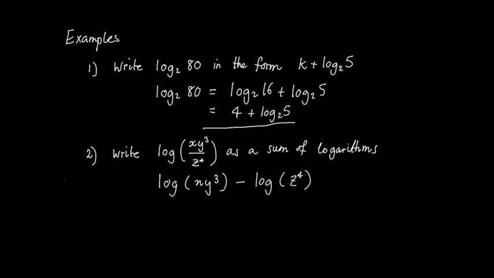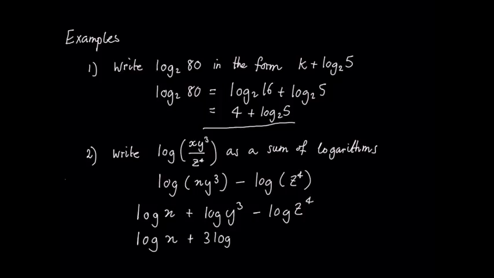The left-hand term we can write as log of x plus log of y cubed. Then we've got the log of z to the 4. Then we can use the rule that log of p to the power of n is the same as n times log of p. So this will give us log of x plus 3 log y minus 4 log z.